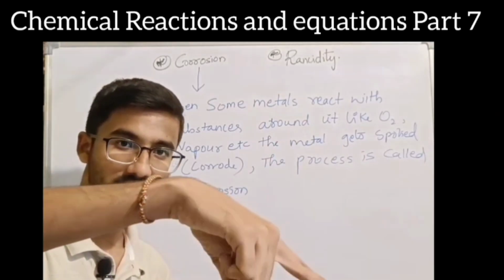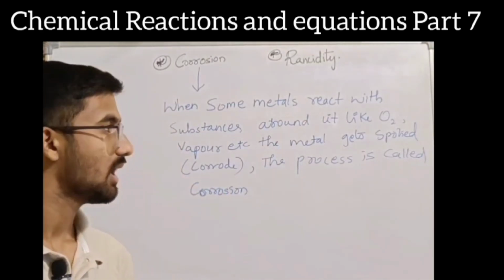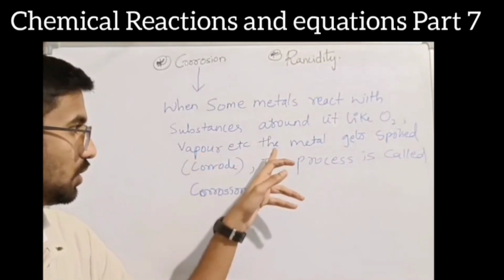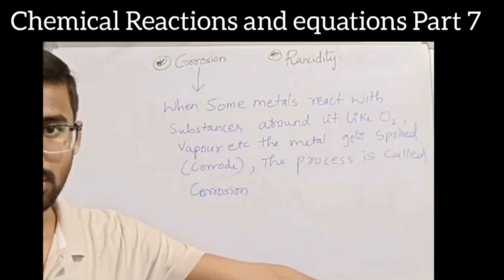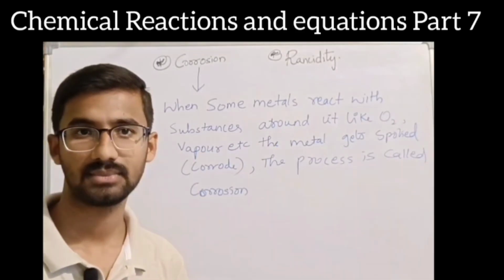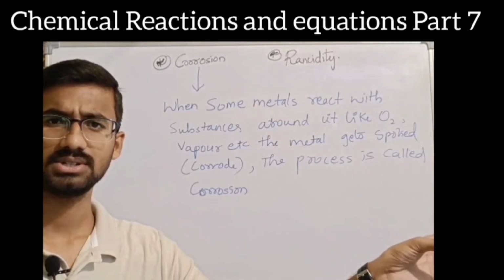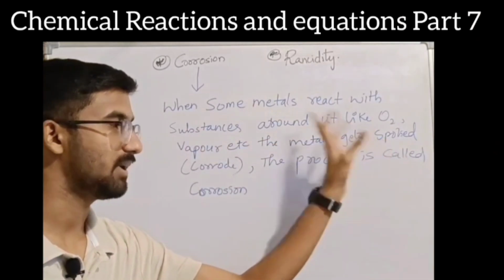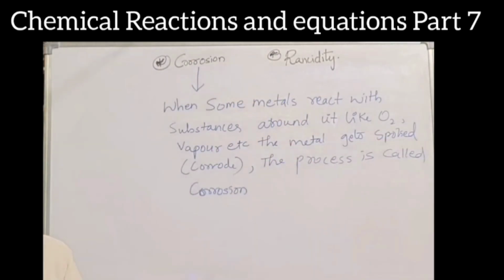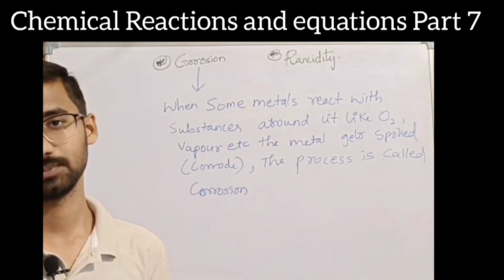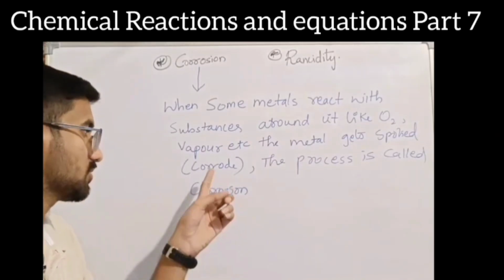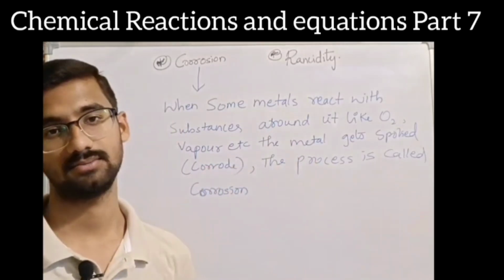That particular place is surrounded by oxygen or vapor. When these metals react with oxygen and vapor to form corrode, the metals are completely spoiled. In Kannada we call it jangu. Corrode is jangu. The process of forming that jang-like substance, which is called corrode, is called corrosion.